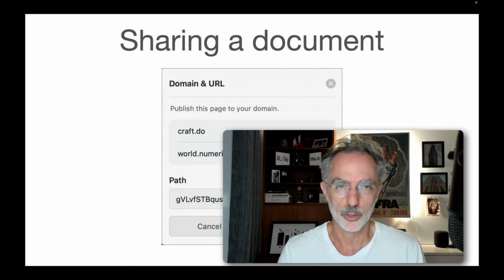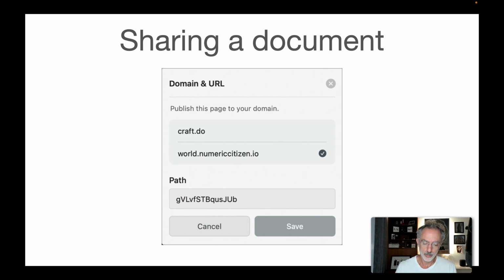The sharing option will change a bit. You'll see two options. You'll be able to use the default craft.do domain to share your document, or you should see a new option corresponding to the custom domain that you configured.